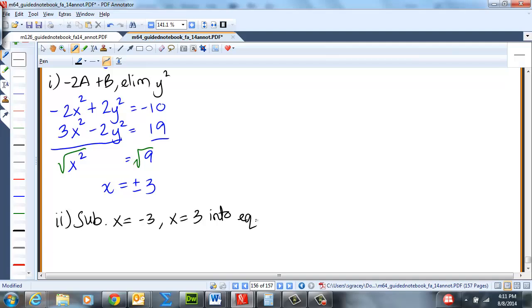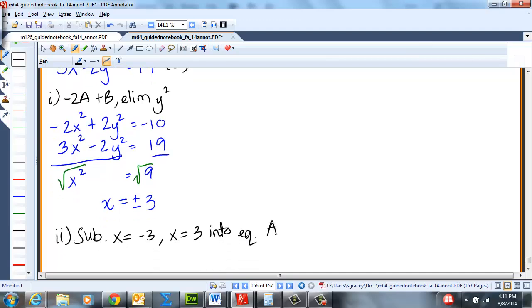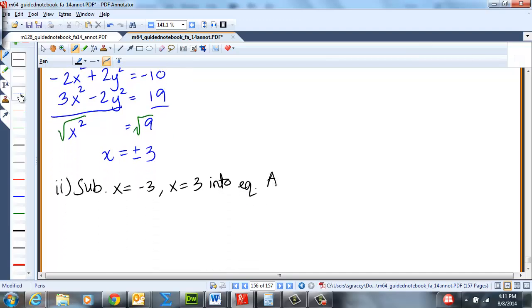Let's see what'll be the easiest. What equations do we have? Probably equation A. So equation A was x squared minus y squared equals 5. So for x equal to -3, we will have -3 squared minus y squared is 5.